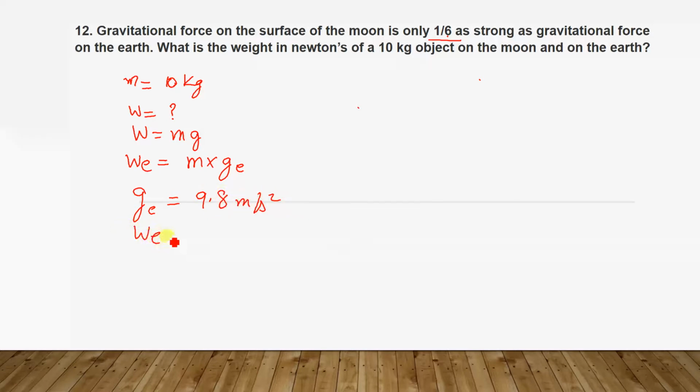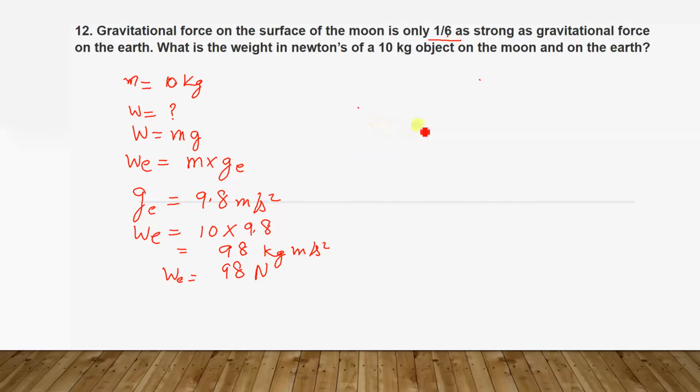So weight on earth will be equal to mass, that is 10, into g, that is 9.8. So we are getting 98. Either you write kg meter per second square, or you write weight equals 98 Newton.